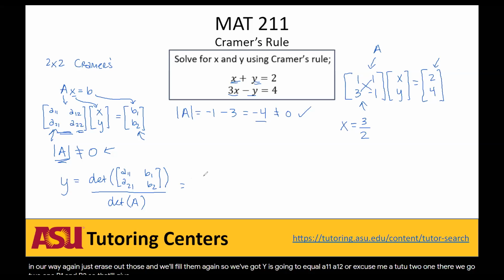So that'll give us the determinant of our first column, 1 and 3 of our A matrix, and our solution matrix for our second column.